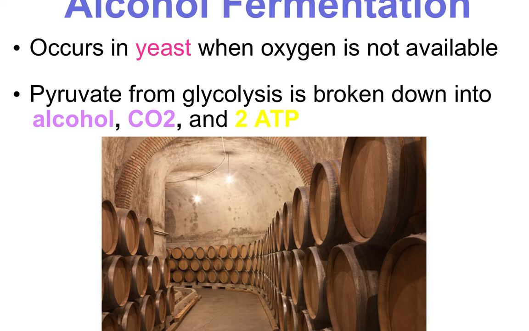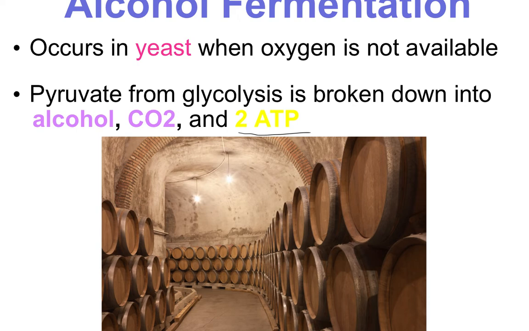That pyruvate product of glycolysis is now going to be broken down into an alcohol, carbon dioxide, and 2 ATP. So when you don't have any oxygen in the presence of yeast, that is how we make beer and wine.